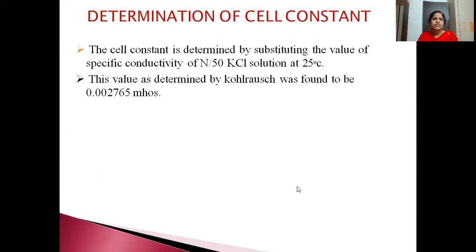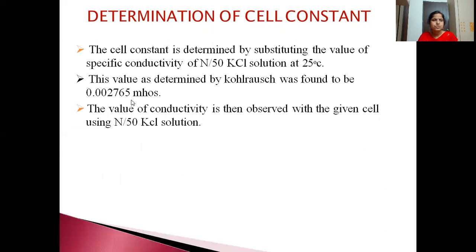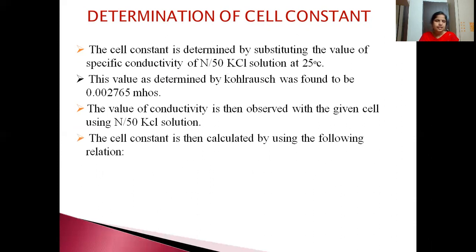Now, how to calculate the cell constant if our solution is N by 50 KCl at 25 degrees centigrade. The specific conductivity is known, it is 0.002765 mho. Then the conductivity is observed in the cell.